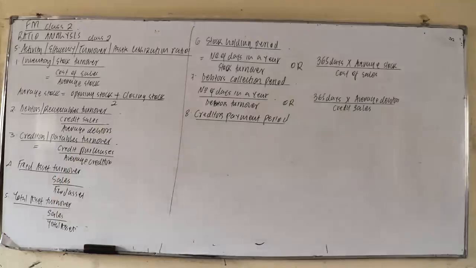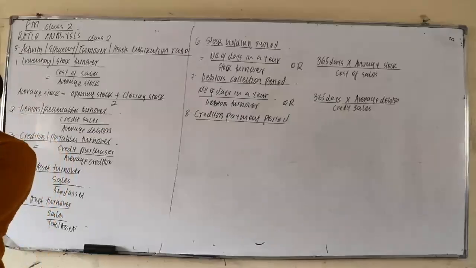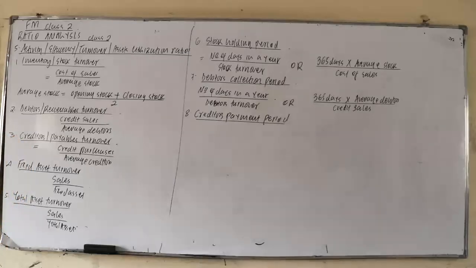Number eight is the creditors payment period. This indicates the average number of days with which companies pay their creditors, that is suppliers.